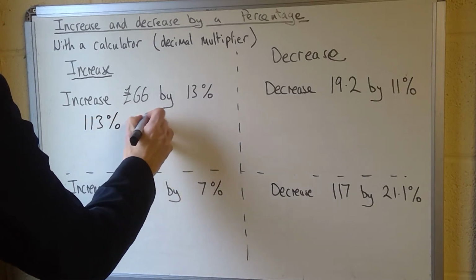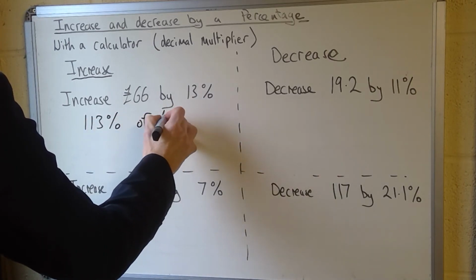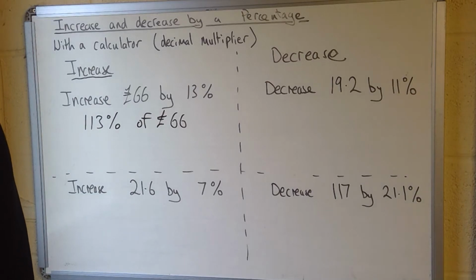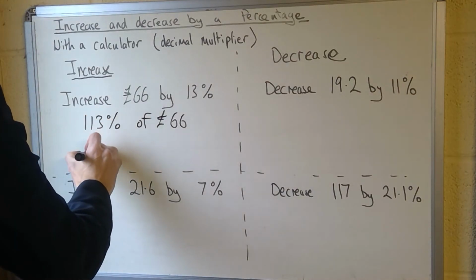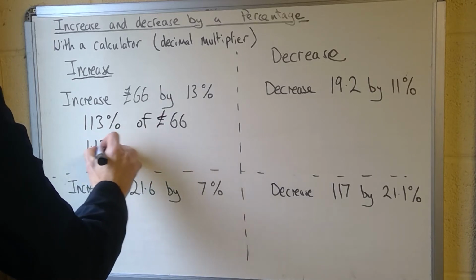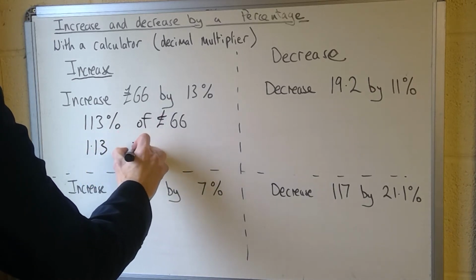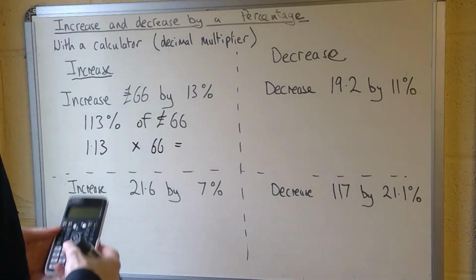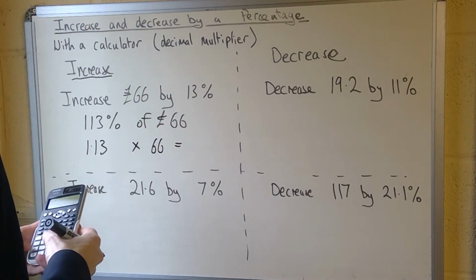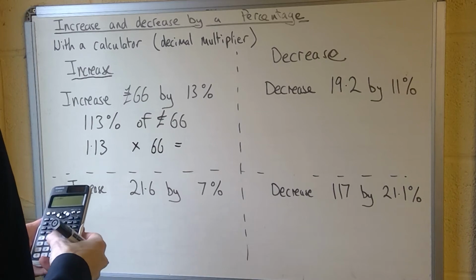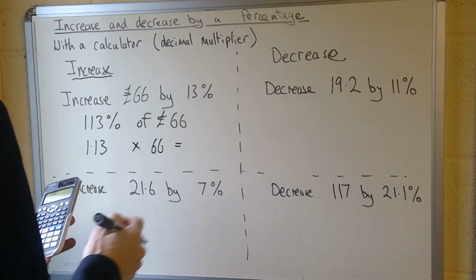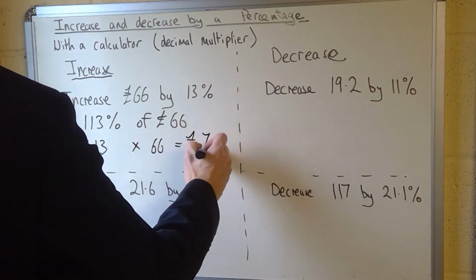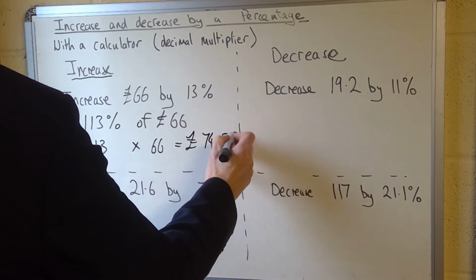113% of my £66. And now I do what we've done previously by using a decimal multiplier. 113% is equivalent to 1.13. The "of" becomes a multiplier. The 66 stays as it is, and I just type it in my calculator, 1.13 multiplied by 66, and I get an answer of £74.58.